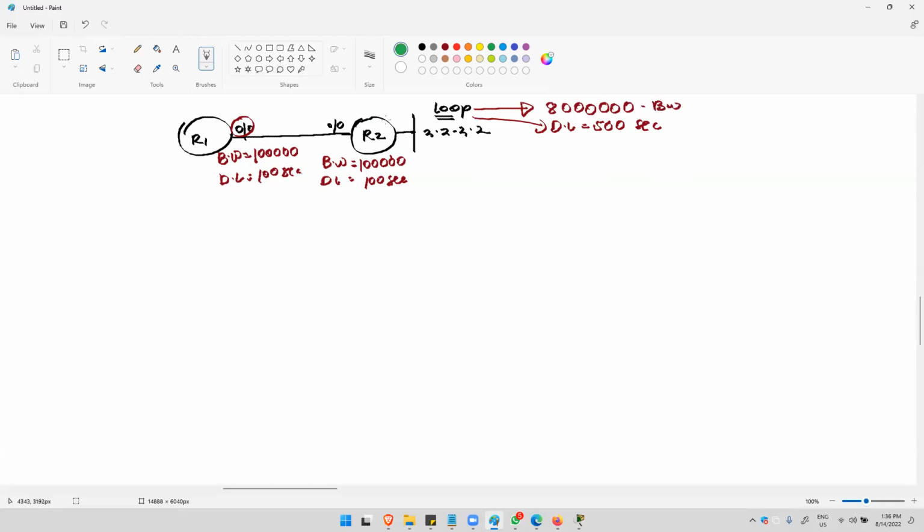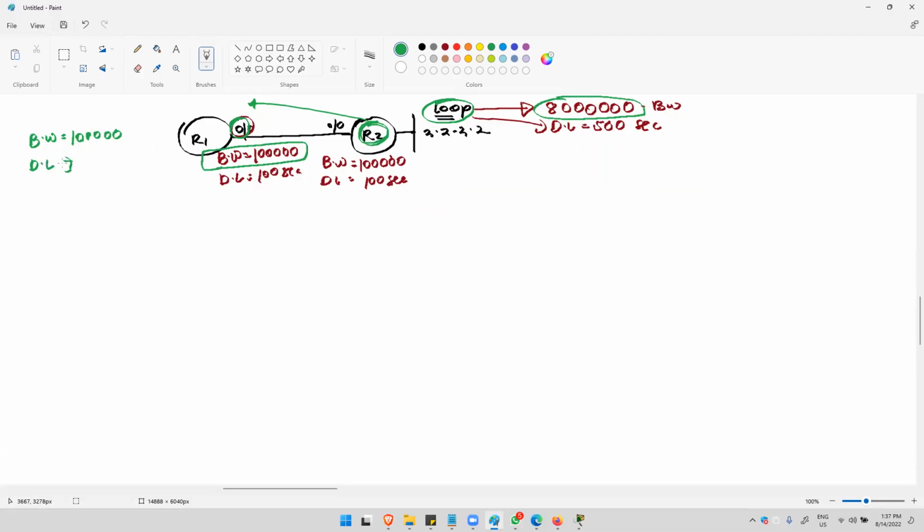Whenever R2 forwards, the update arrives on the R1 side. R2 is sharing a loopback network, not a LAN network. So loopback also has a bandwidth of 80 lakh. But when R1 receives the update, R1's bandwidth is 1 lakh. R1 selects which bandwidth? 1 lakh. Very good.